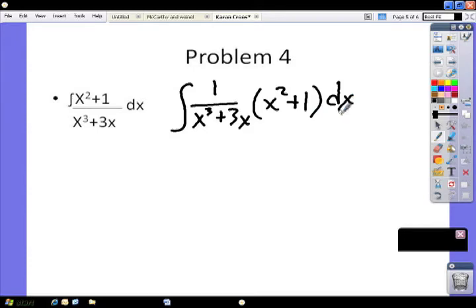After you do that, then you pick a u. The u we're picking here is x cubed plus 3x. Then you get du.